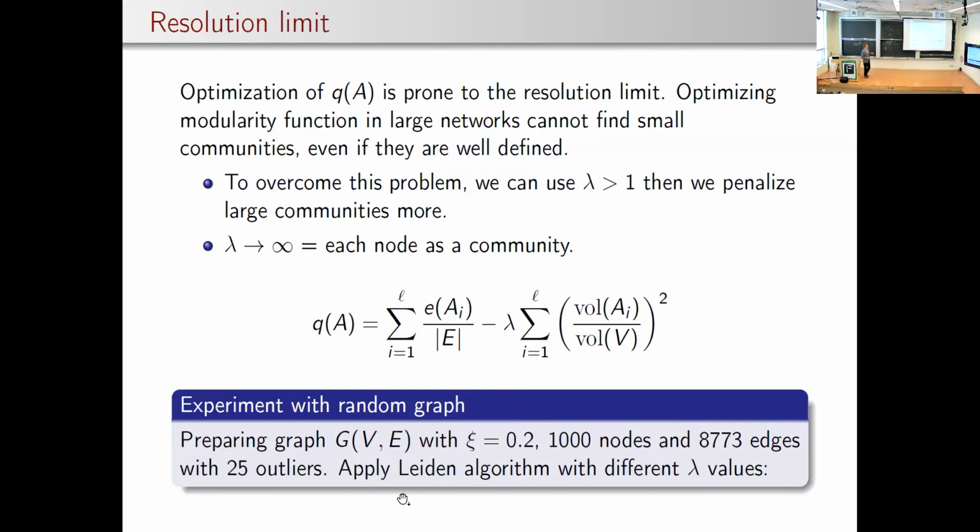Okay, so I apply the Leiden algorithm with different lambda values, and what makes these outliers is the degree structure in the community, not only in the full graph but also in the community structure.